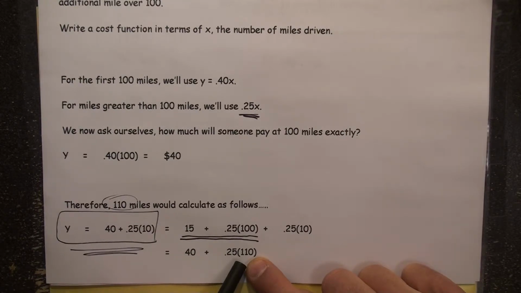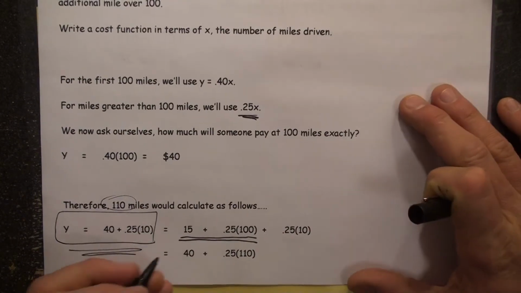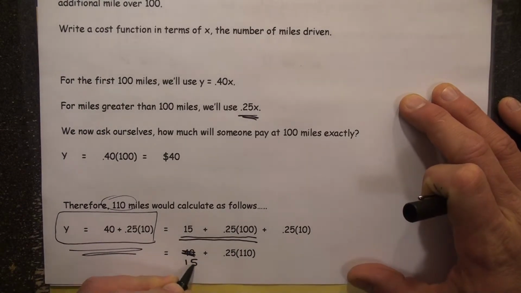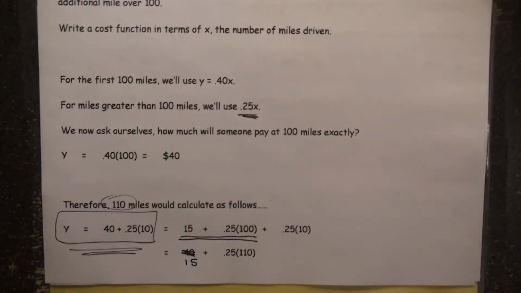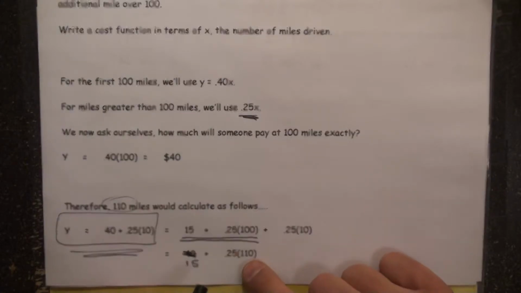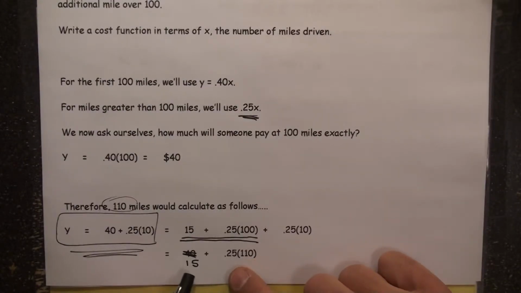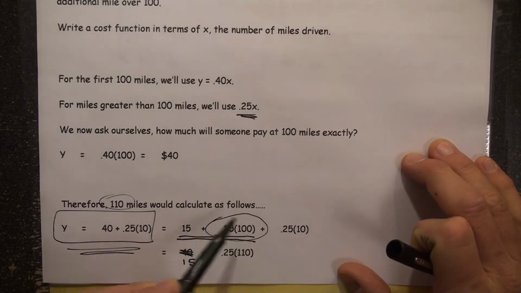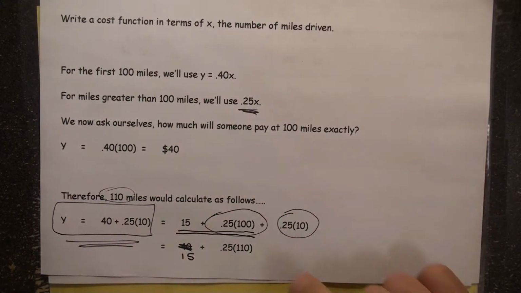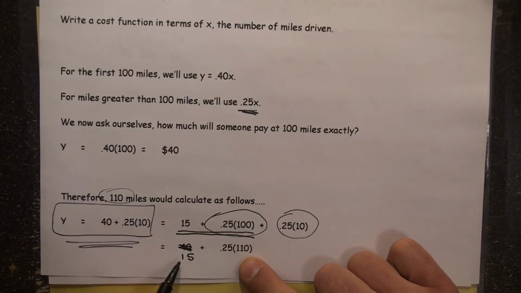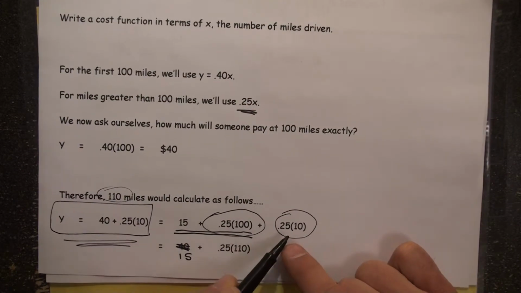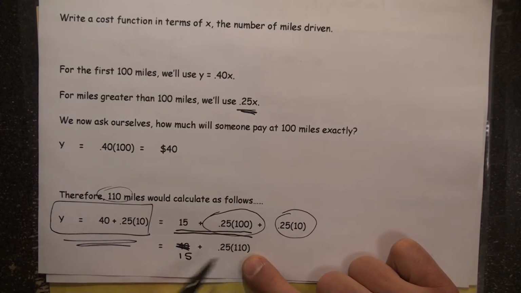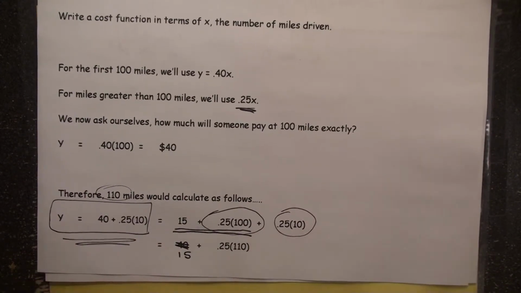So then we could write this as $15 plus $25 plus $2.50, which would be $15 plus $27.50, giving us $42.50.